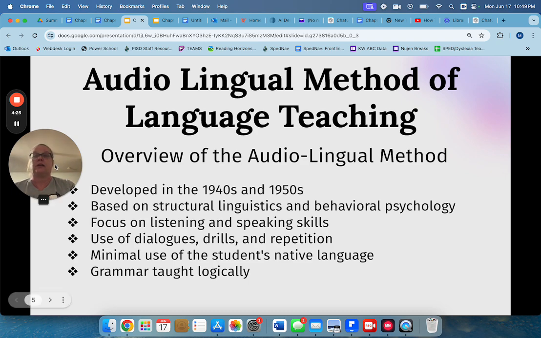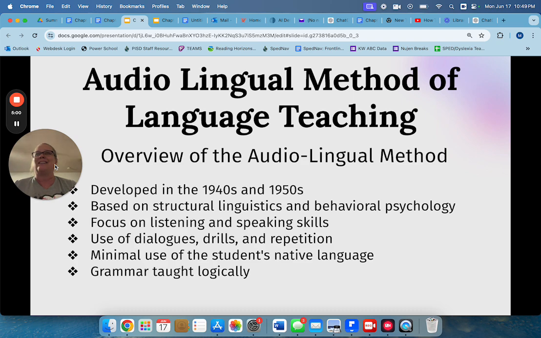All right. So when we're looking at the audio lingual method of teaching, here's kind of the overview. It was developed in the 1940s and is based on structural linguistics and behavioral psychology. How do we learn and do these things? It emphasizes listening skills and speaking skills, using dialogues, drills and repetition.